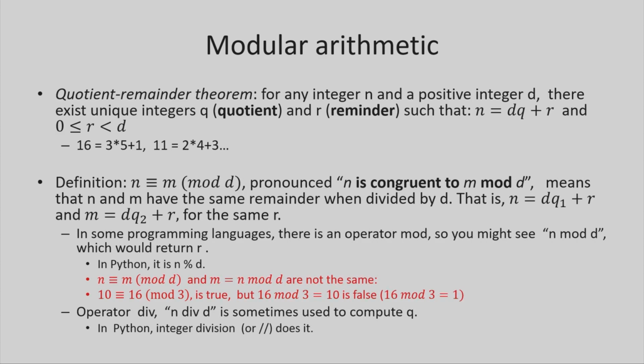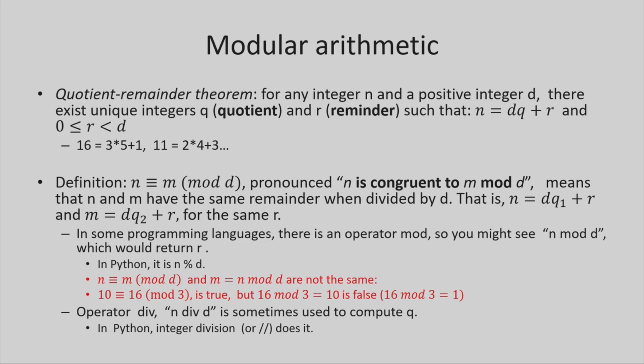So you might have seen expressions n mod d and the operator mod. If you're doing Python programming, you would write it as n, then the % sign, then d, and that operation will return you the remainder from dividing n by d, from integer division.